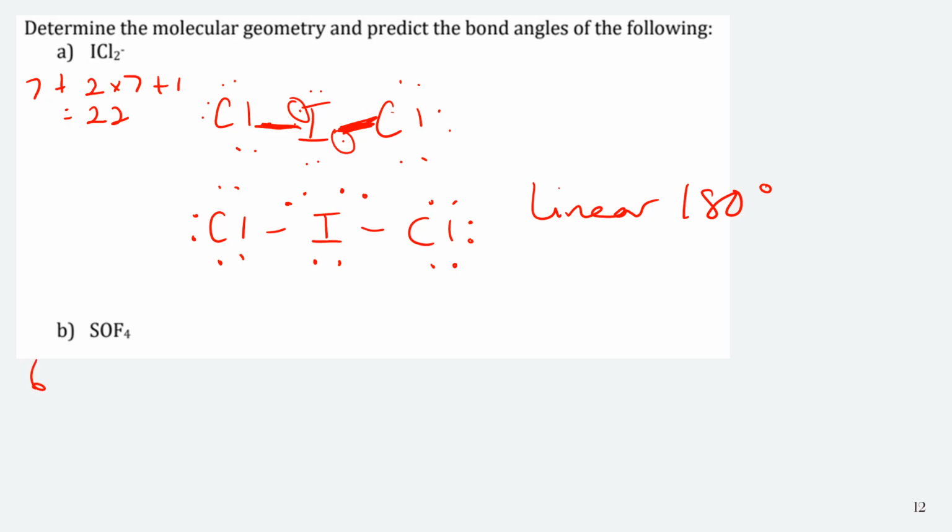SOF2, so we have 6 plus 6 plus 28. It's going to be 40 electrons. The one on the left tends to be the least electronegative element, so S will be in the middle. O is probably going to be on the outside somewhere. And then you have 4 Fs.